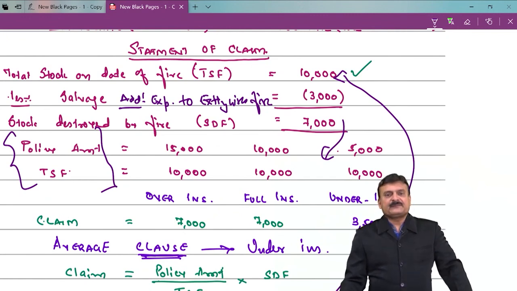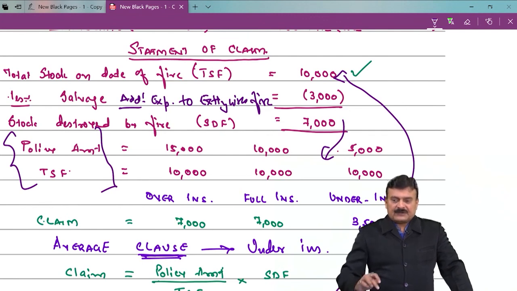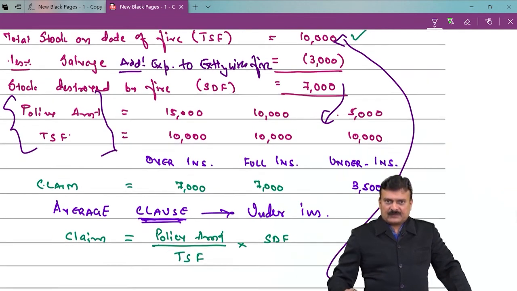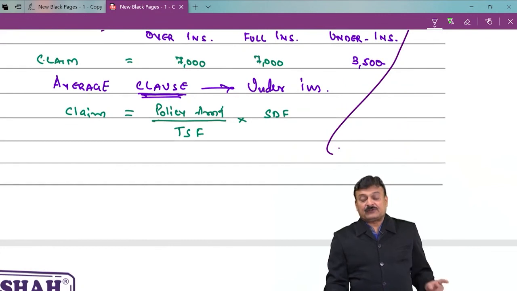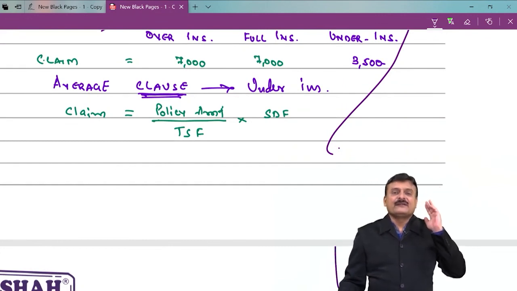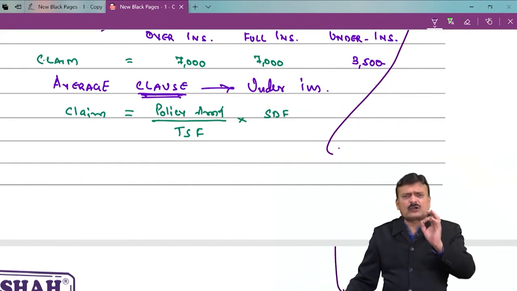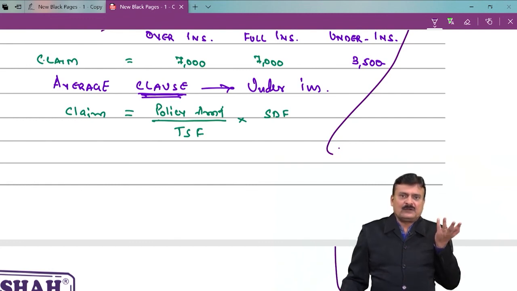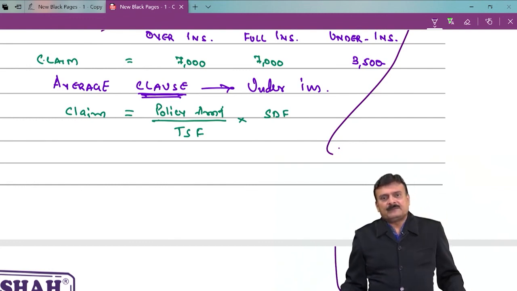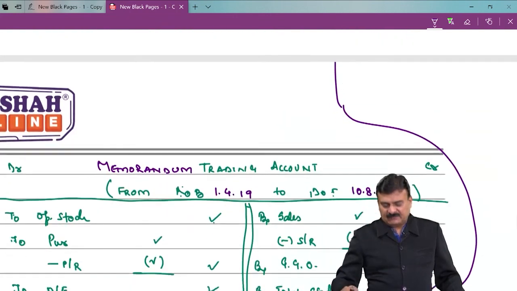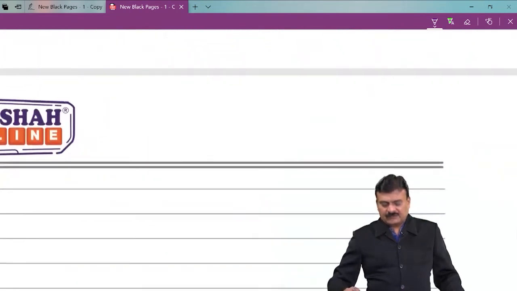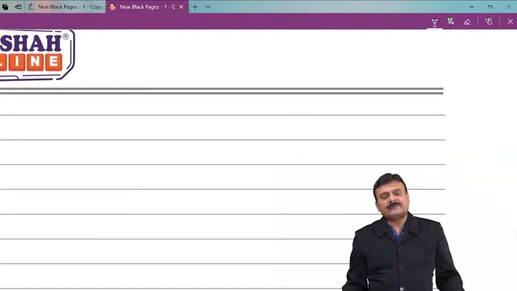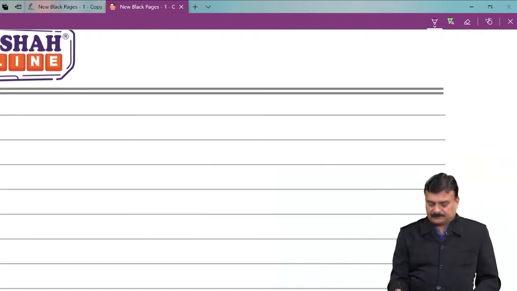Do remember one thing, whether trading account or memorandum trading account, when you write stock, opening stock or closing stock, it is always at cost price. What do you mean by always at cost price? If they are overvalued or undervalued, then we have to convert them into cost. For example, if question says stock is overvalued by 10%, then how to find the cost?